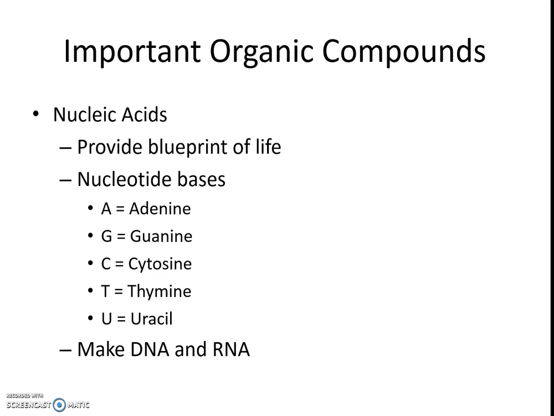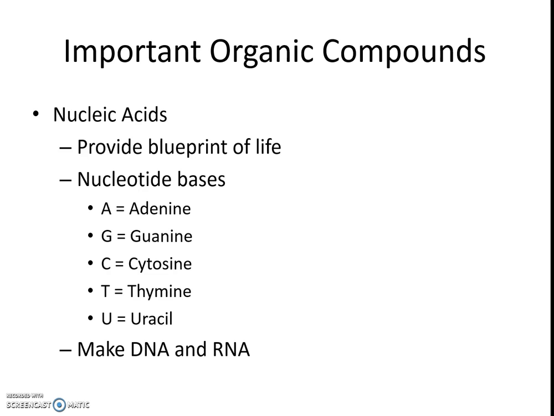Our last group of organic molecules are the nucleic acids, and these include things like DNA, RNA, and ATP. And the building blocks for nucleic acids are called nucleotides. Nucleotides have a phosphate side and a sugar, either ribose or deoxyribose, according to which molecule it is.